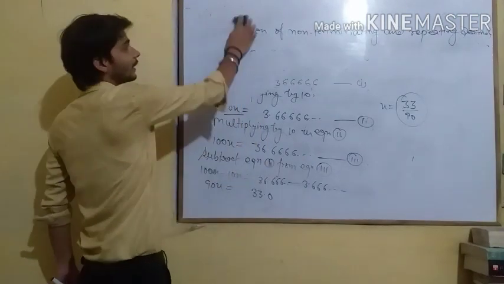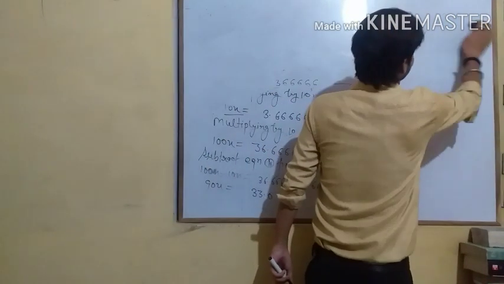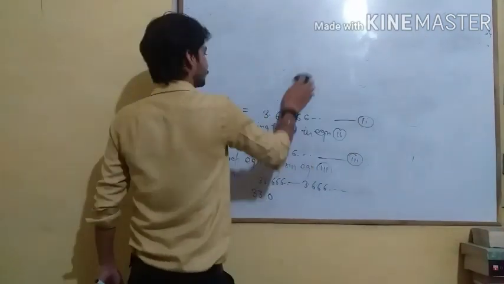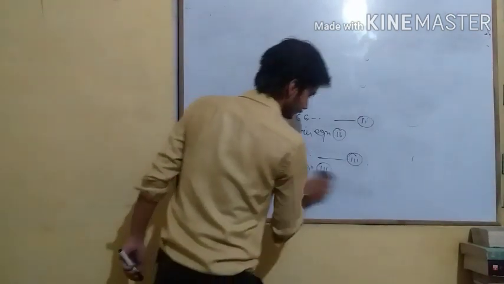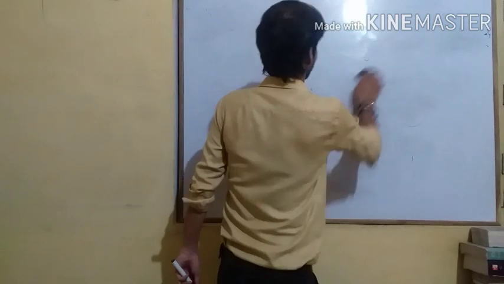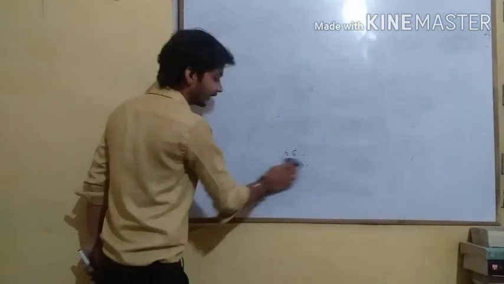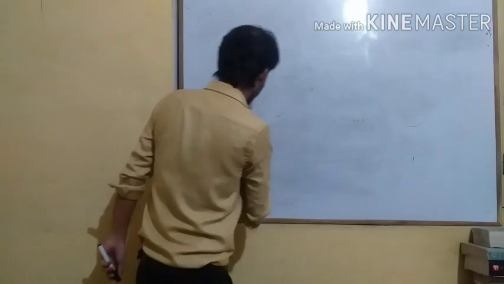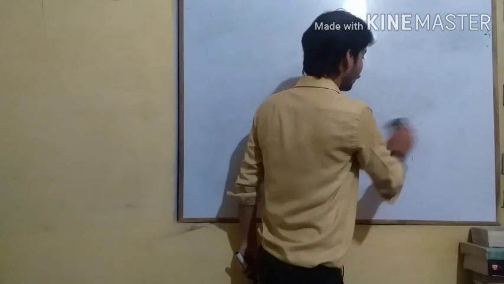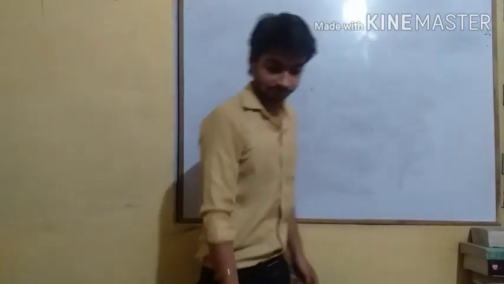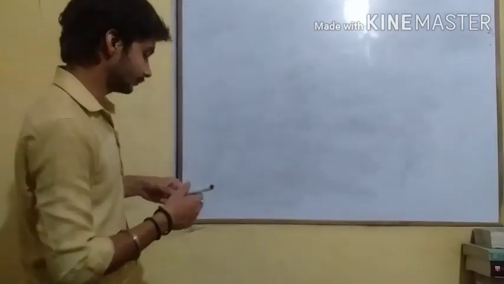Now our next topic is irrational numbers. The definition of irrational numbers is: if we have a number which is non-terminating and non-repeating, then the number is called an irrational number.